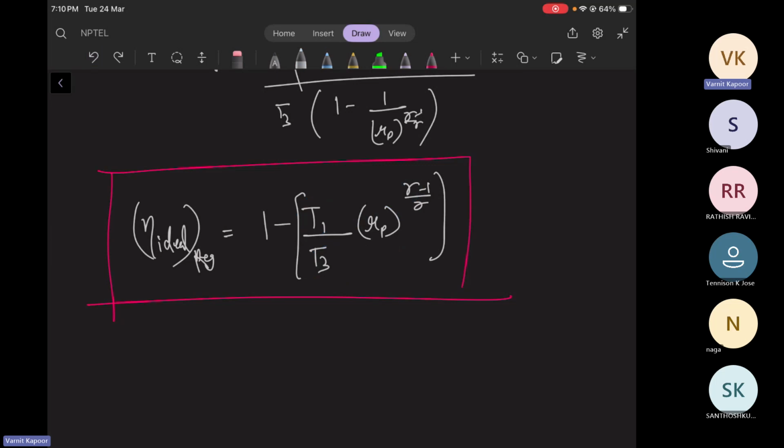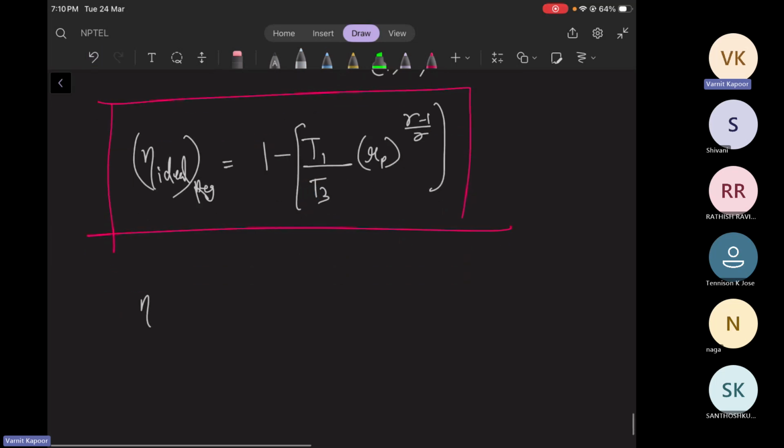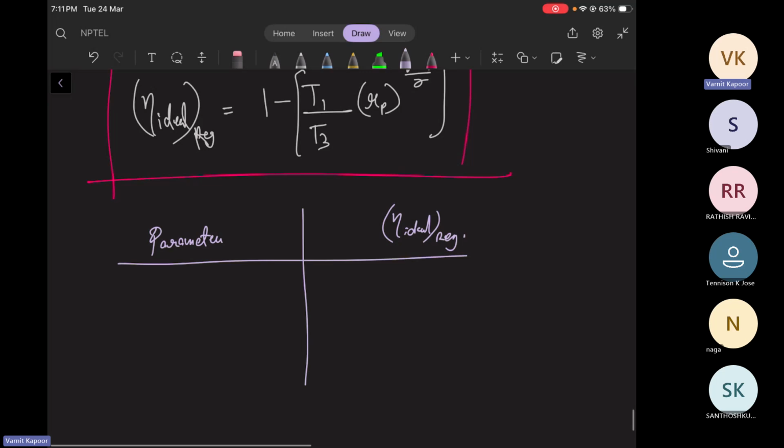I should write here first the parameter, and here the ideal efficiency of the regenerative cycle. If my first parameter, temperature T1, is increased, my efficiency is going to decrease.